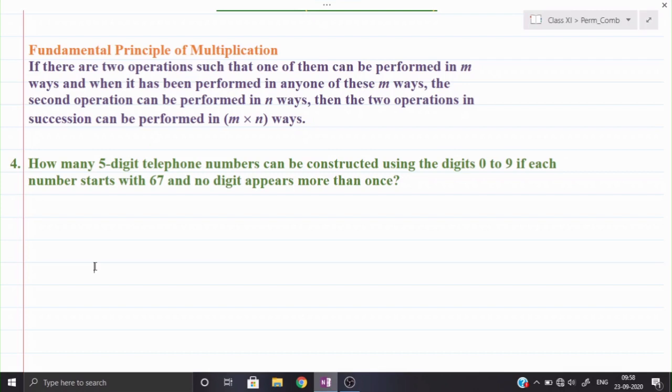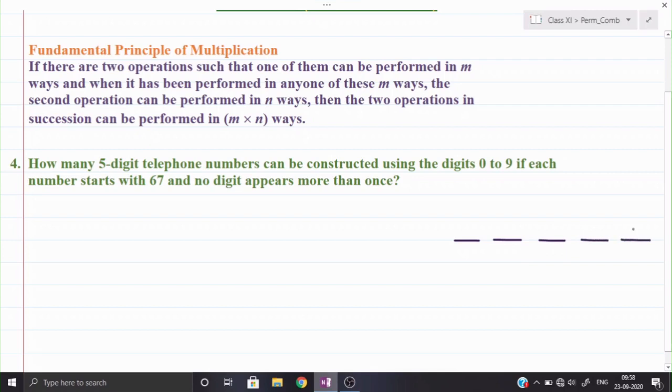Now let us understand the condition and how we can find out individually the number of ways for each and every place. First of all, we shall see how many digits a telephone number we need to generate. That is given to us, 5 digits. So suppose I make 5 places: 1, 2, 3, 4 and 5.